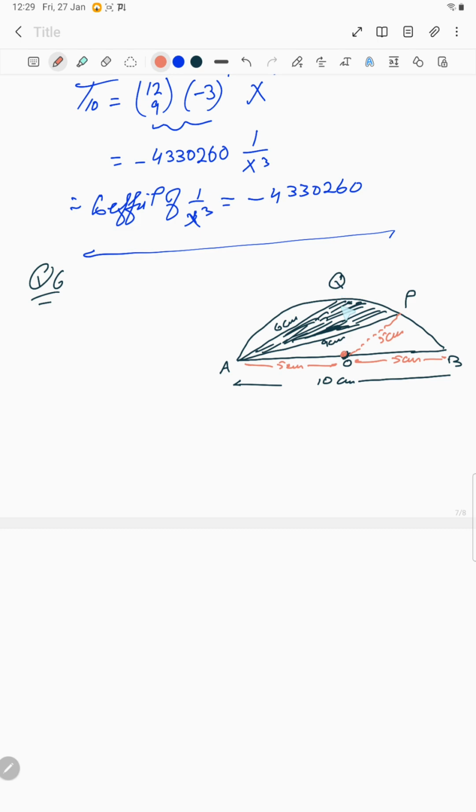And O to Q is 5 centimeter as well. Okay, fine. So by knowing this, can I say, if I divide the figure in two different triangles, in triangle APO, this one, let me draw separately for you.